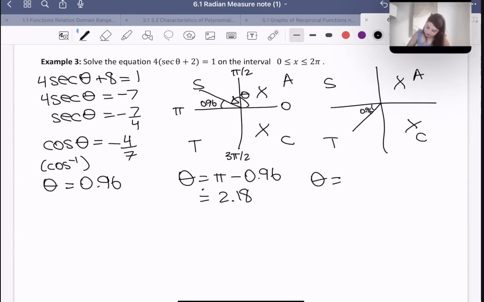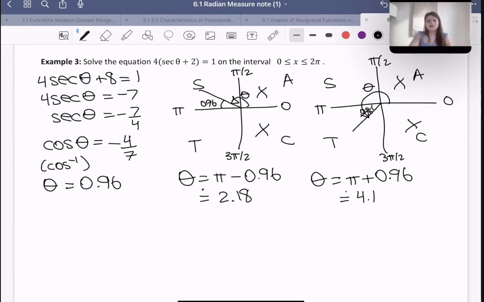And then over here, it's going to be pi plus 0.96 to get this full theta. And that is going to be about 4.1 approximately. And there we go. We figured it out.